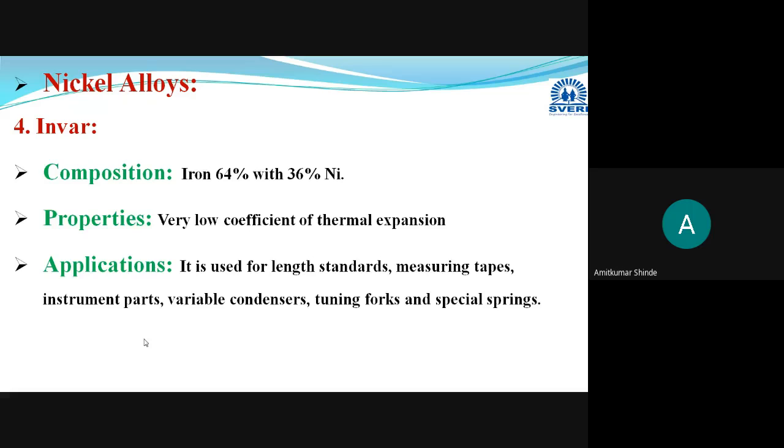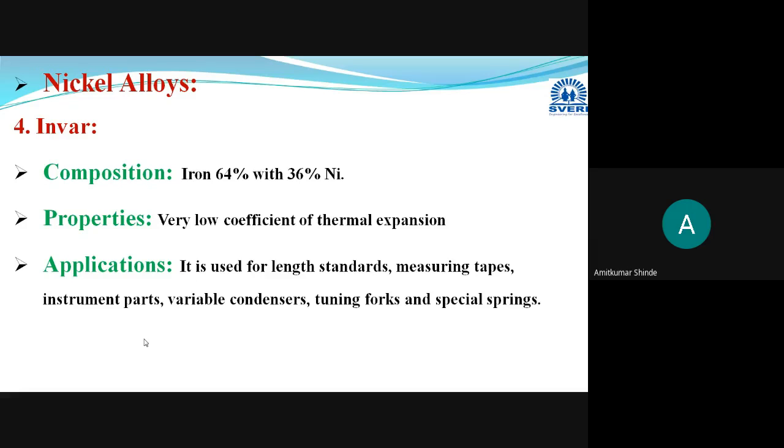At that time you can use Invar. Invar material: 64% iron and 36% nickel, and it shows a very low coefficient of thermal expansion. That's why in short you can remember that these are used for manufacturing different measuring equipment like tapes or length standards.